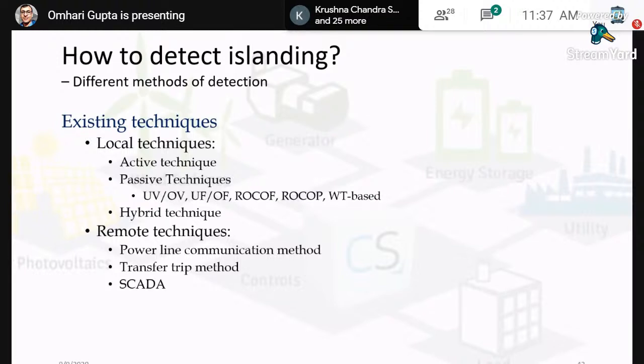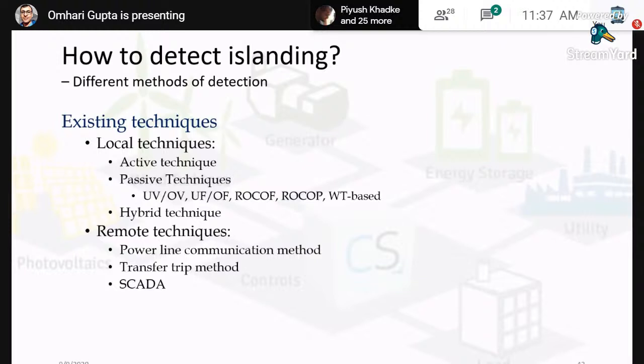In remote techniques, there are three: the power line communication method, the transfer trip method, and SCADA based methods. These local techniques make use of measurement at the PCC or at the DG point of connection.